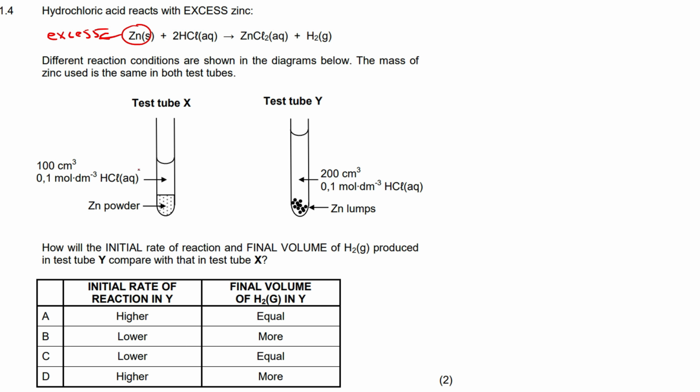So here we're using 100 cm³ of a 0.1 mol/dm³ concentration, and we've got zinc powder. Here we've got zinc lumps, and here we're using 200 cm³, but we're keeping the concentration the same. How will the initial rate of the reaction and the final volume of hydrogen produced in test tube Y compare with that in test tube X?